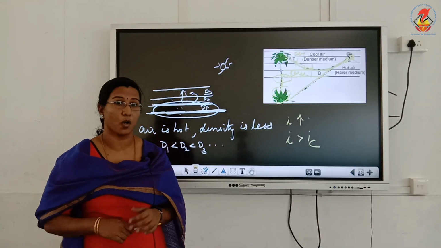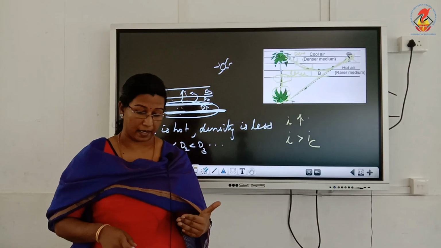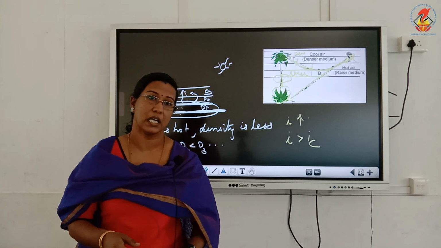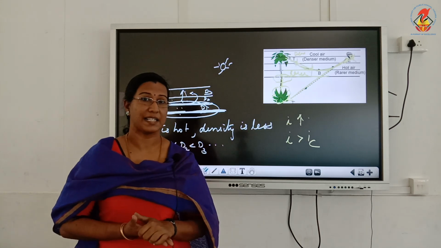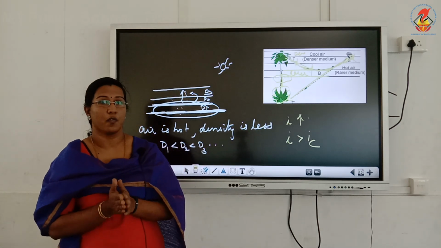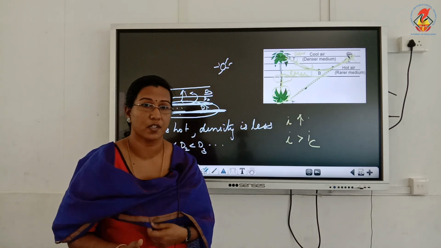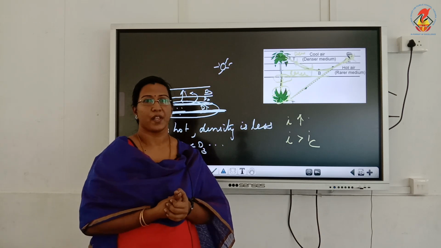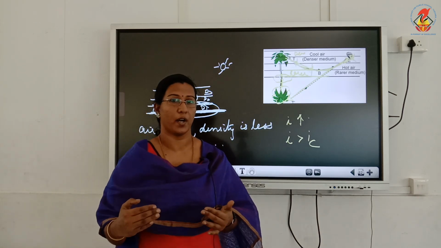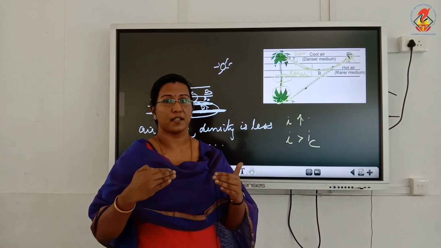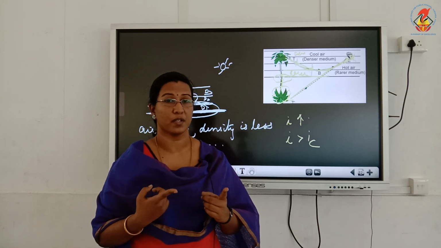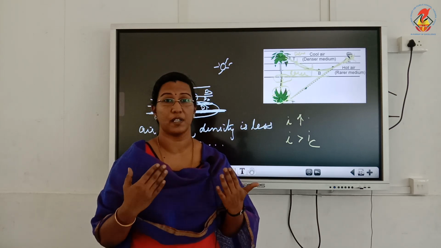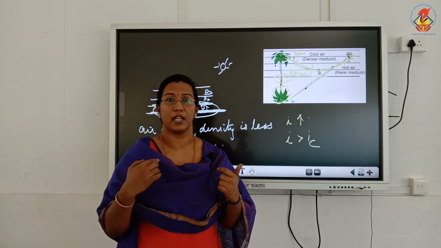I'll explain once more. The air layers near the surface of the earth are comparatively hotter than the ones above them. As a result, density will be comparatively less for the layers of air near the surface of the earth. When a ray of light from a very distant object passes through such layers of air, each time it passes through a layer, it bends away from the normal, and the angle of incidence to each layer keeps on increasing.